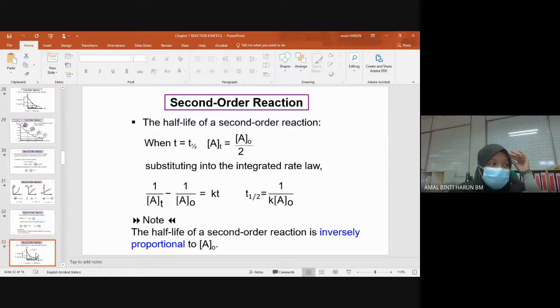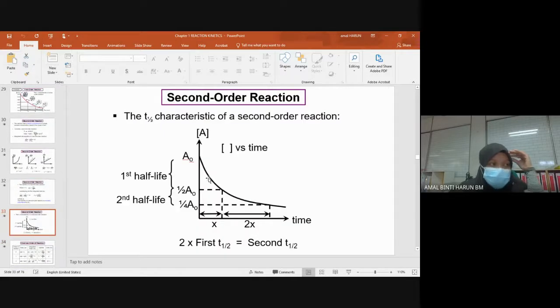Kita boleh tunjukkan daripada graph concentration versus time, di mana half-life yang pertama adalah X. Daripada A kepada setengah. Kemudian, setengah ni jadi setengah lagi, iaitu setengah menjadi 1/4. Half-life dia adalah 2X. Kita dapat t half-life bagi second order semakin bertambah apabila concentration semakin berkurang.